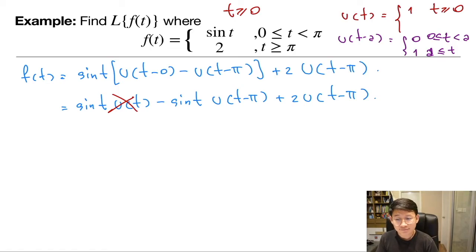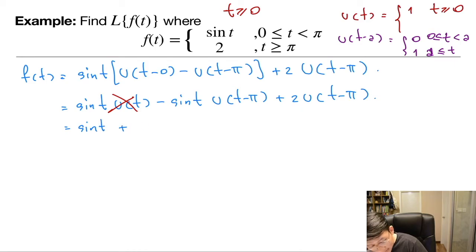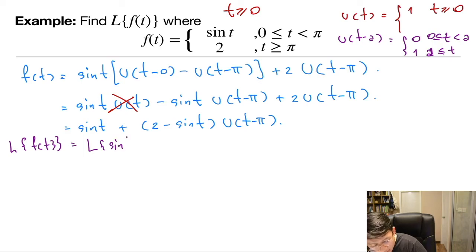Good? Okay. So here it is going to be sin t plus (2 minus sin t) u(t minus pi). So the Laplace transform of f(t) would be the Laplace transform of sin t plus the Laplace transform of (2 minus sin t) u(t minus pi).